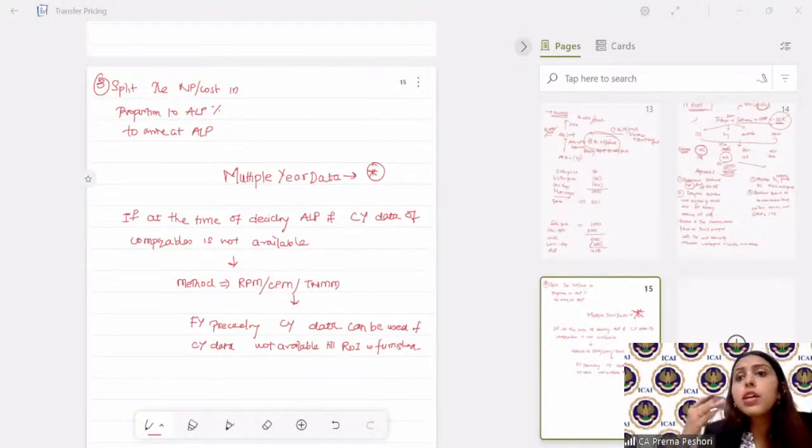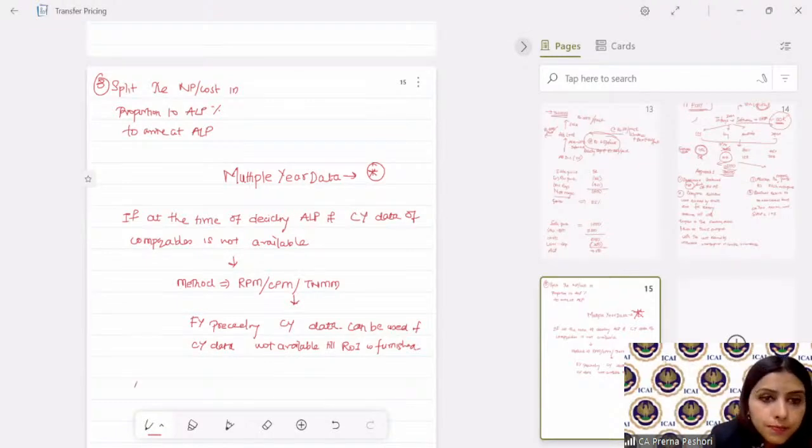However, say for example, now the assessing officer is assessing your case. Now the assessment is being made, and at that point in time, the assessing officer has all the financial statements of the comparable companies because their audits would have been finalized by then. Then will the assessing officer reject that current year data? Answer is no. Where the data relating to the current year is subsequently available at the time of assessment, the assessing officer will use the current year data irrespective of the fact that it was not available when you made your transfer pricing analysis.